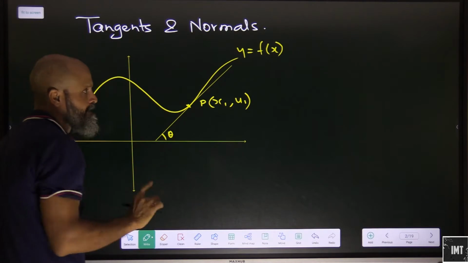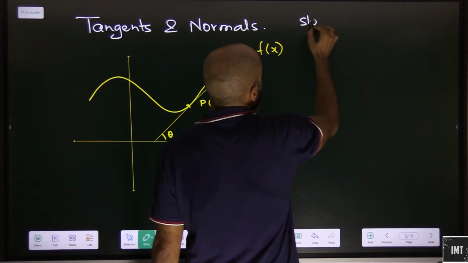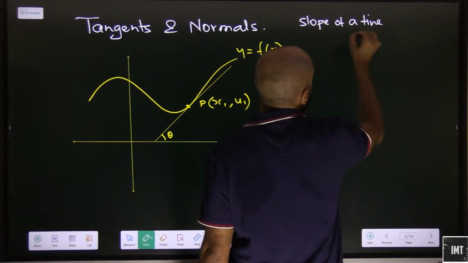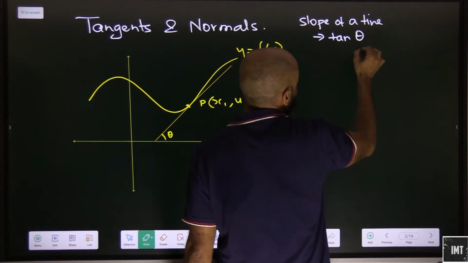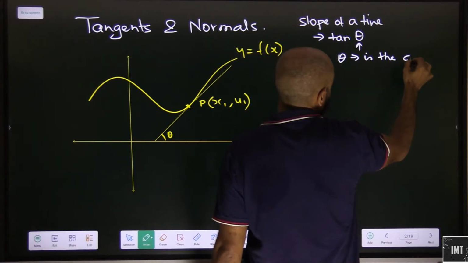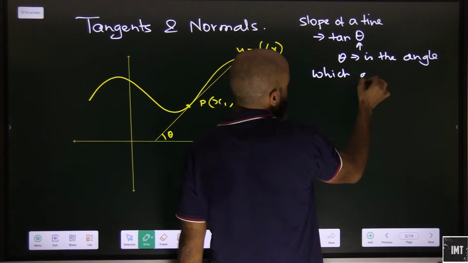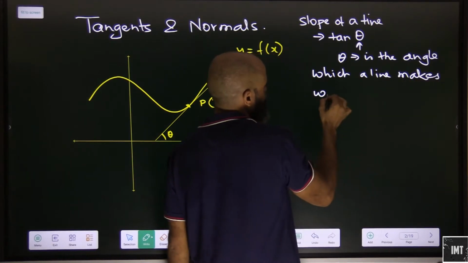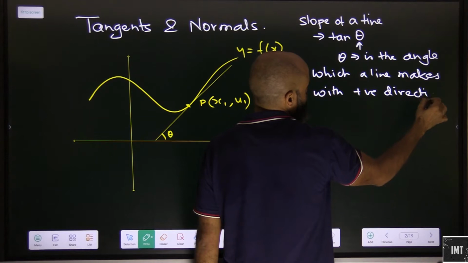Obviously this will be angle theta, and we have learned earlier that the slope of a line is tan theta. Here theta is basically the angle which a line makes with the positive direction of the x-axis.